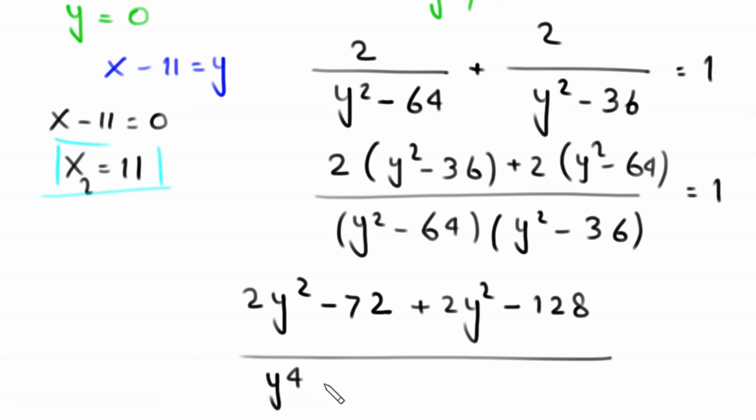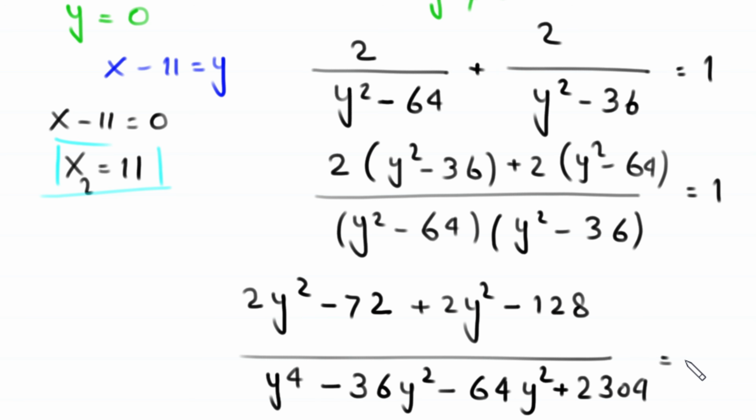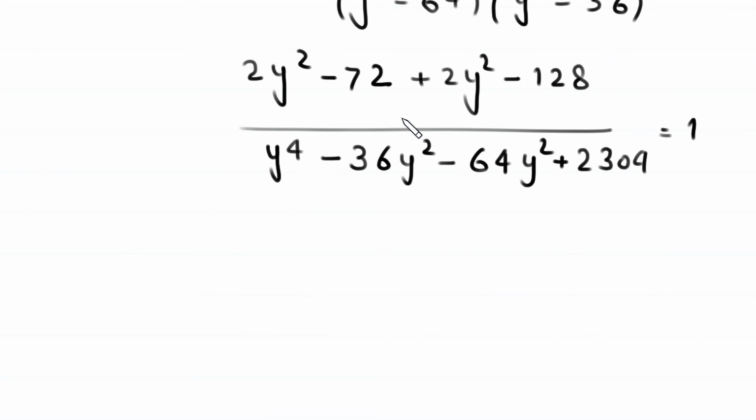Y squared times negative 36, negative 36y squared, and negative 64y squared. Negative 64 times negative 36 will become plus 2304 equal to 1. 2y squared plus 2y squared will become 4y squared, and negative 72 negative 128 will become negative 200. And when multiplied by this denominator, it will come in place of this one.